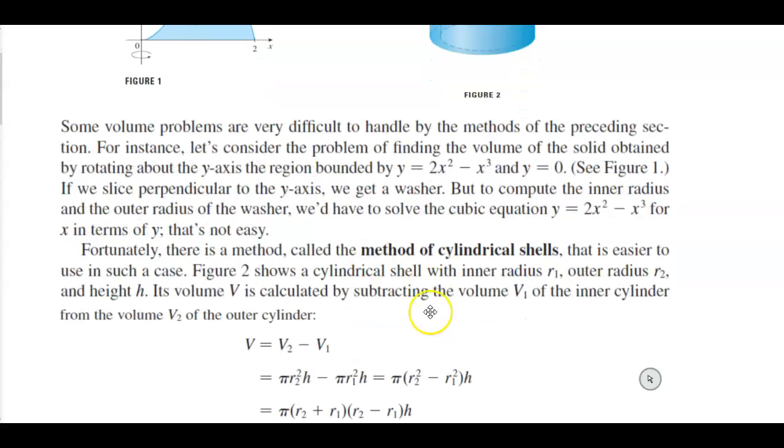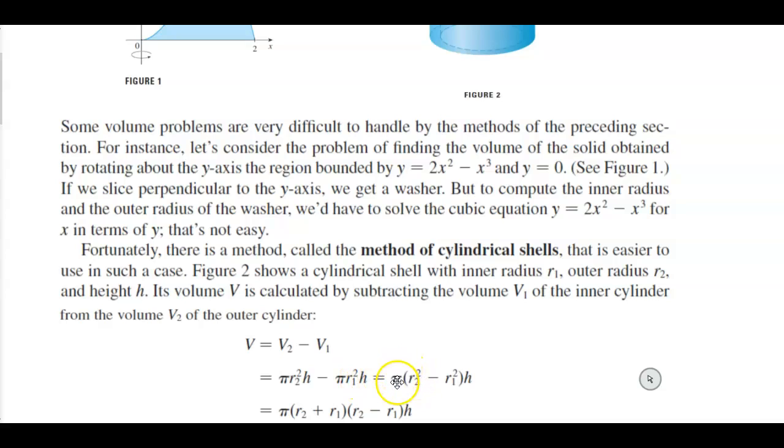So V equals V2 minus V1, which is pi r2 squared h minus pi r1 squared h.